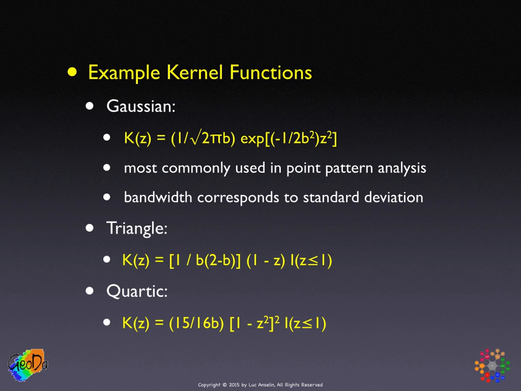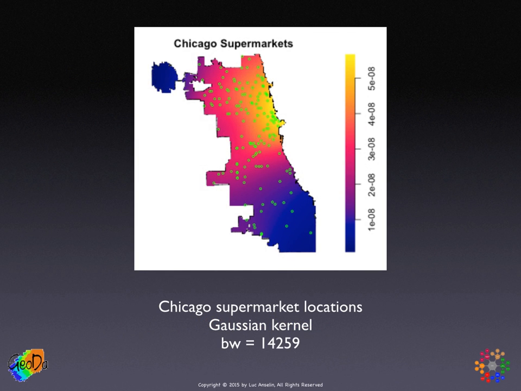And to illustrate this for our Chicago example again, this is a Gaussian kernel that uses a default bandwidth suggested by the spatstat software that we'll be using in the lab. So if you just take the standard default, the bandwidth is 14,000, and remember these are feet given the particular projection that we use. But you see the point.